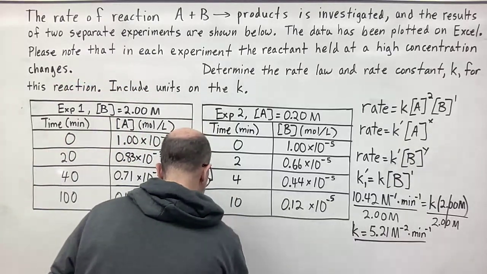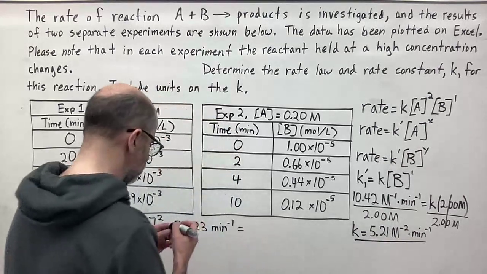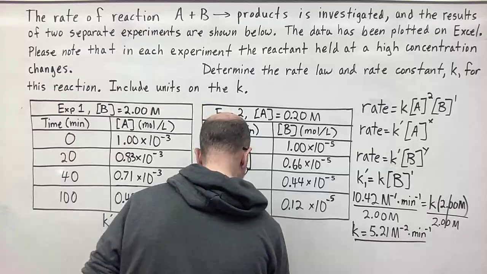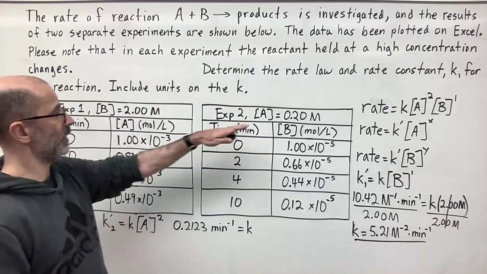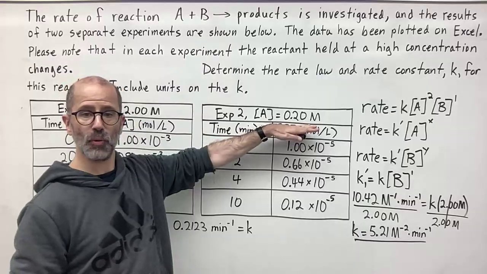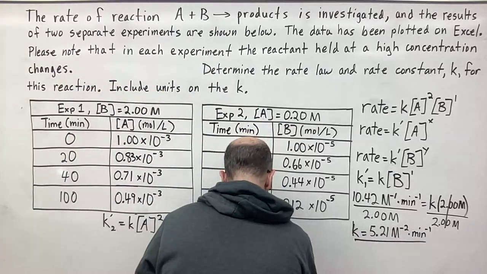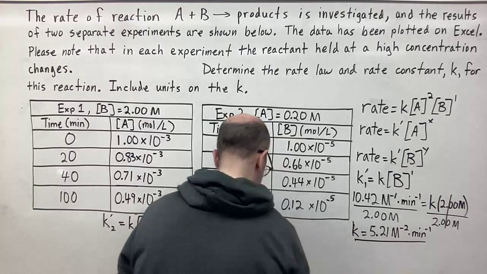So this is going to be minutes to the negative 1 power, and that's going to be equal to K times the concentration of A squared, and the concentration of A is 0.20 molar, so that's going to be 0.20 molar squared.